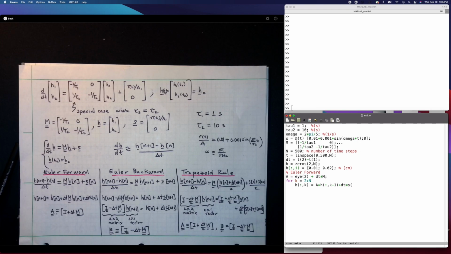And s I'm going to evaluate at time step k minus 1, previous time step. And then I say t at time, oh, t is already defined, end. That takes care of the Euler forward. So let me give these different names. So this is good, and I call this E, Euler forward.